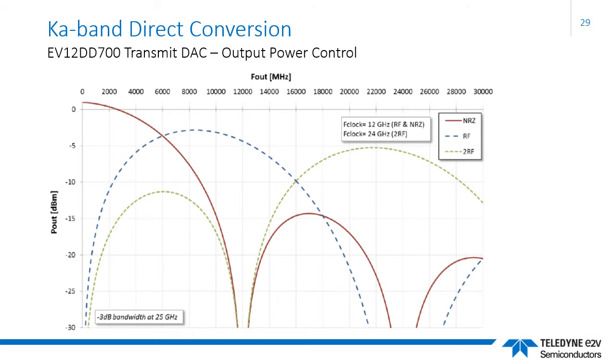The blue dotted trace is the RF trace, which essentially optimizes output power in the X band, as you can see here, roughly between about 8 and 14 gigahertz. And then finally, a new mode with this particular DAC is the twice RF mode, which, as you see, optimizes power projection primarily into the K band, shown here from around about 18 to 26 gigahertz.